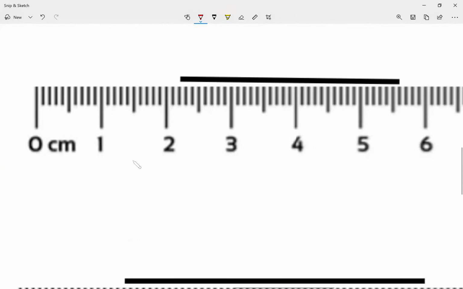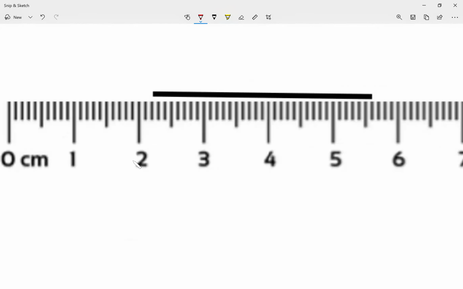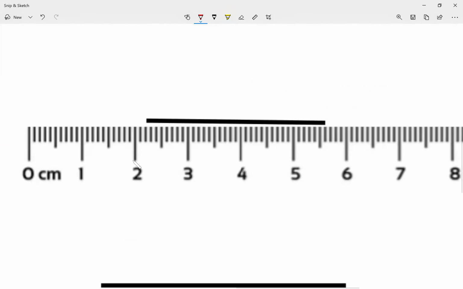So for your homework, you're going to be given something like this. I give you a ruler and I give you a measurement there. I see here it's between 2 and 3, right? So it's 2.2 because it's two spaces after the 2.